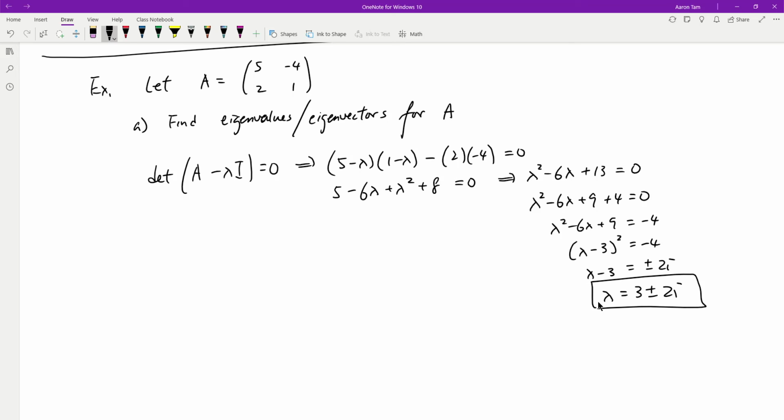So the lambda values come out to be 3 plus or minus 2i. Therefore, lambda 1 is 3 plus 2i, and lambda 2 is 3 minus 2i.